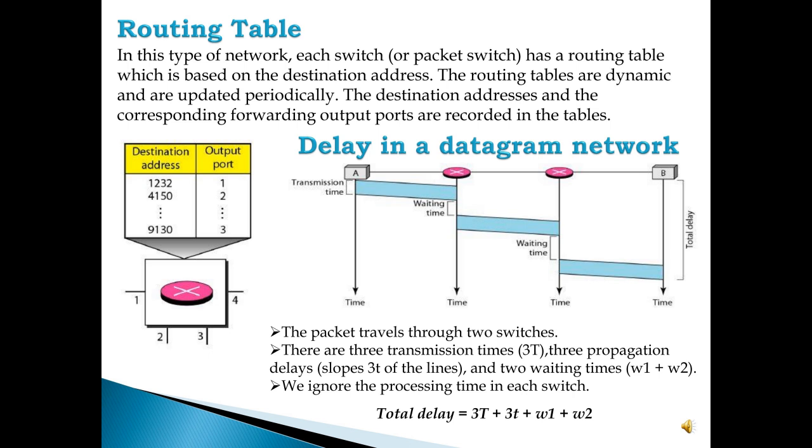So the total delay is calculated as 3T, that means 3 transmission time, plus 3 propagation time, plus waiting 1 plus waiting 2. The total calculation of the time gives your total delay.